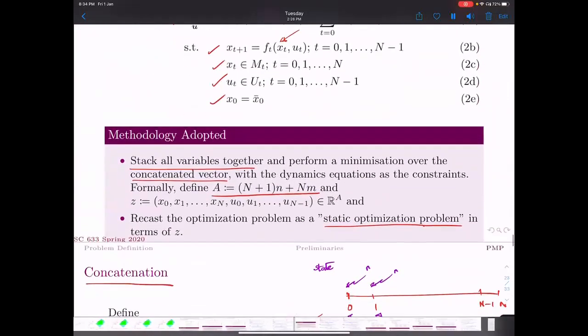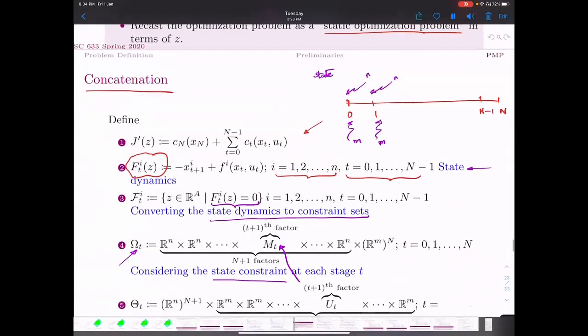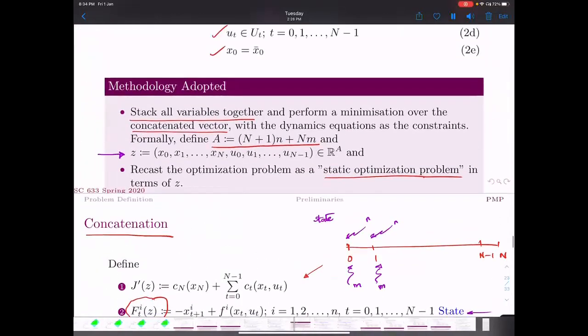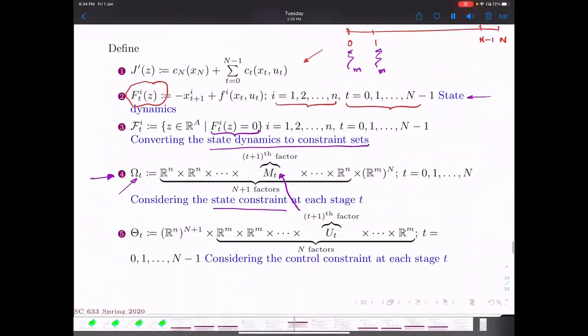Z is this, right? Now if you look at number 4, all these are in Rn except one, which is the t plus 1th. So here is where you have to see how things get isolated based on the stage you're in, and this is where we will start constructing.